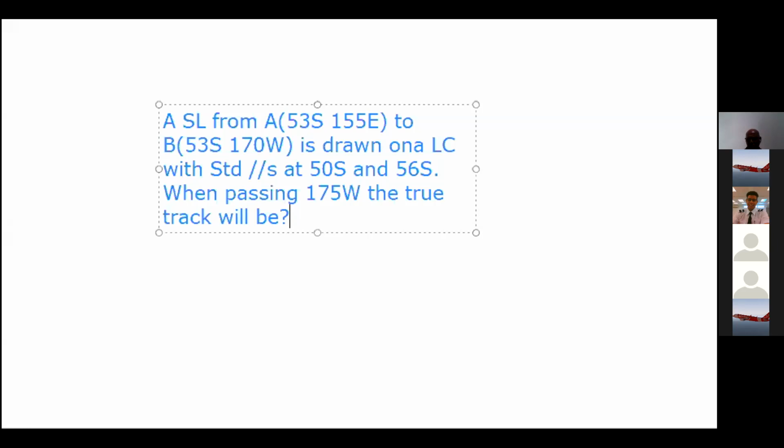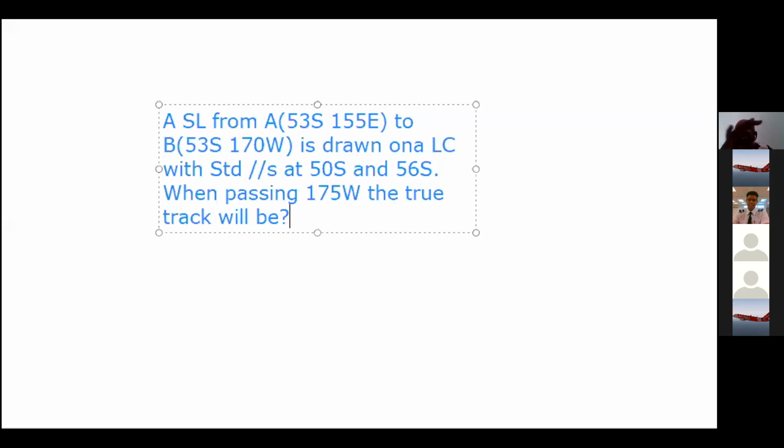So our change of longitude is actually from 155 east to 175 west. If you find out 155 to 170, you'll find the convergence is 14, which is a convergency angle of 7. But if you find out from 155 to 175, where change of longitude is 30 degrees, you'll find it is 24, which is 12.